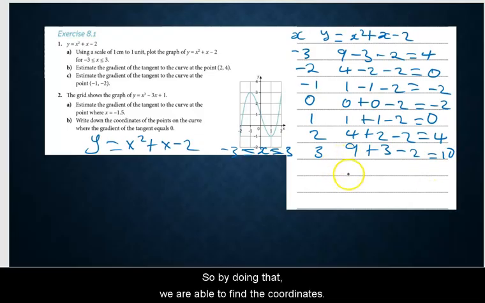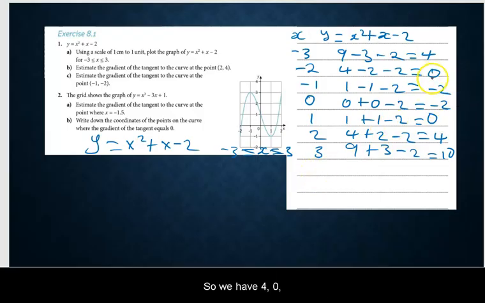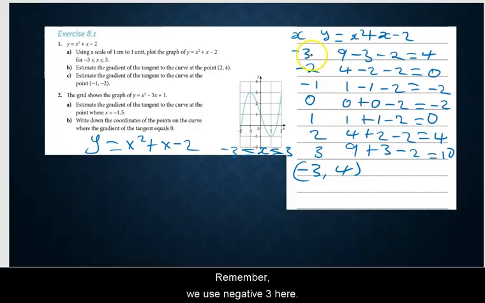So by doing that, we are able to find the coordinates. So we have 4, 0, negative 3, negative 2, negative 2. So for 4, it is coordinate negative 3, 4. Remember, we used negative 3 here.